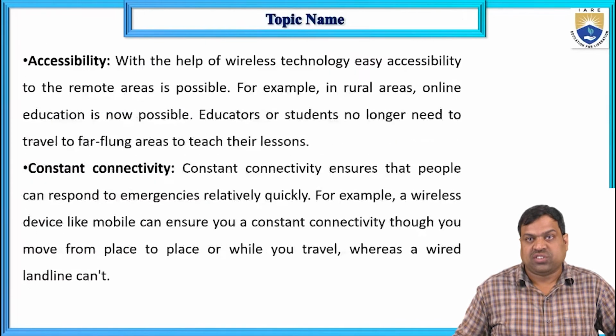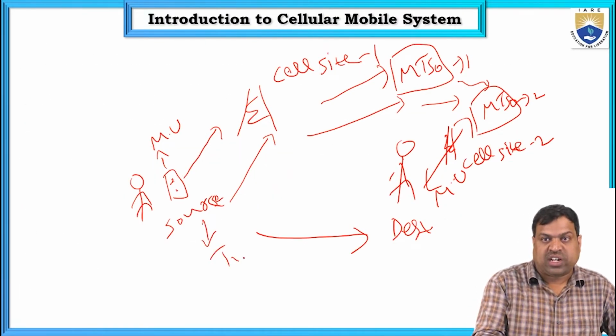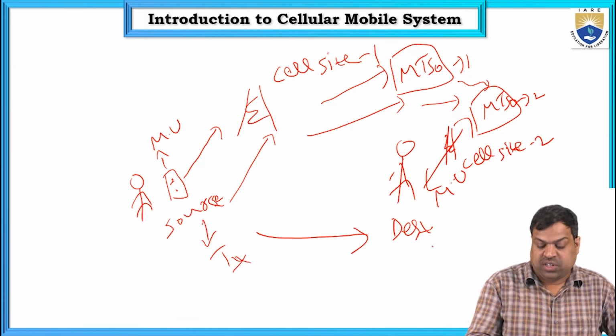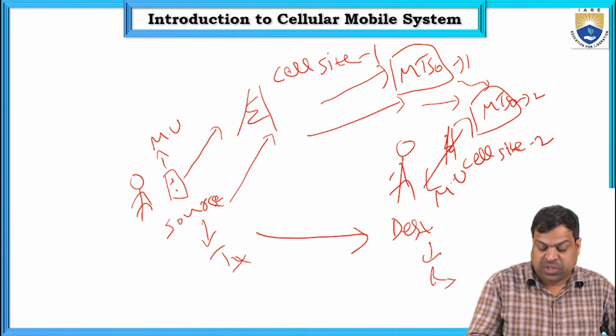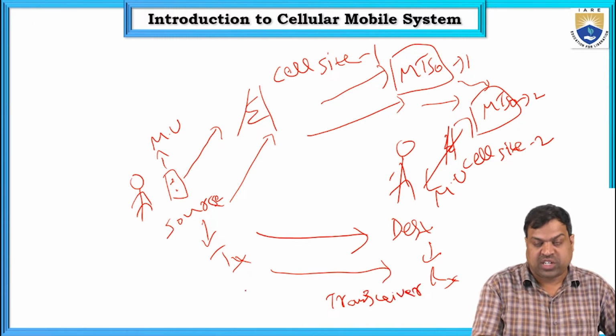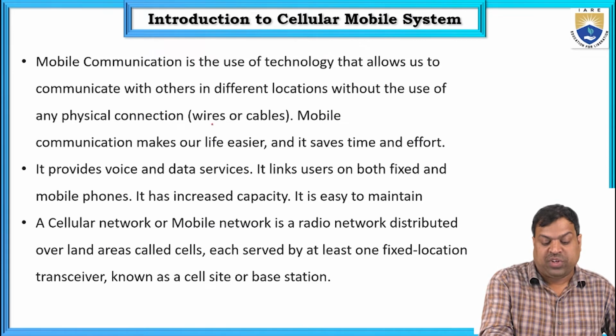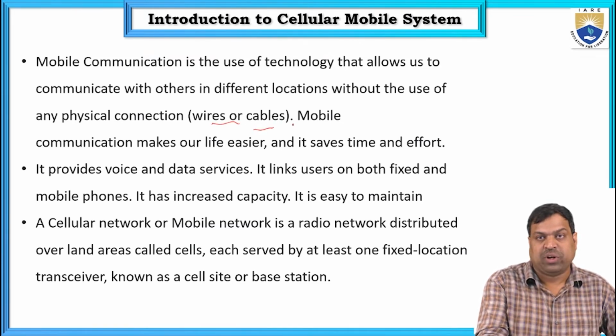Just now I discussed it: there is the transmitter and the receiver, and the communication between the transmitter and receiver is done by the transceiver. We need no wires or cables here. So that is mobile communication.